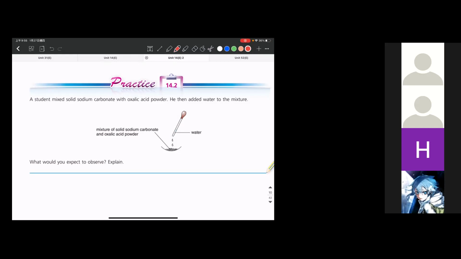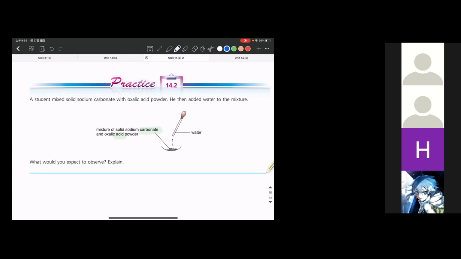The oxalic acid will become an acid first, and then react with this sodium carbonate. So to form what? To form something that is also observable.